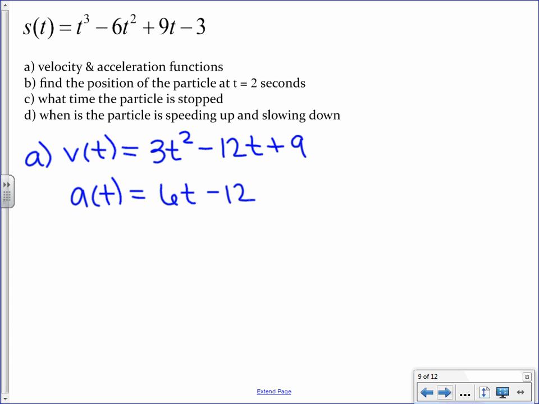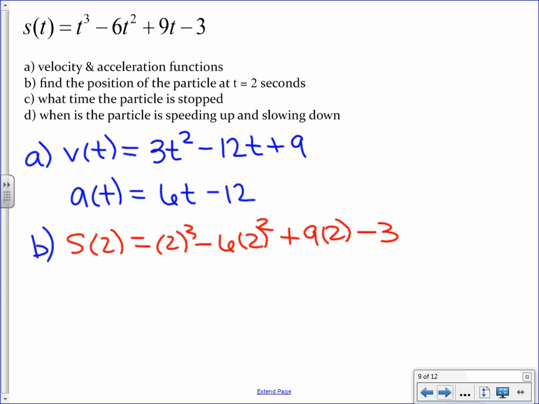Part B, find the position of the particle at t equals 2 seconds. What am I going to do? We're going to plug 2 into our position, S of 2. So we have 2 cubed minus 6 times 2 squared plus 9 times 2 minus 3. What is our position at 2?